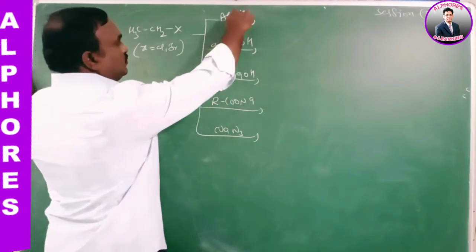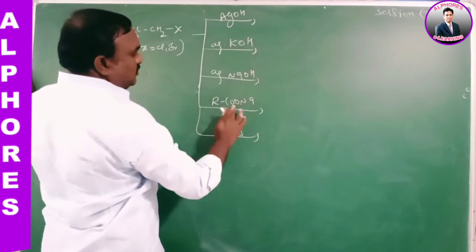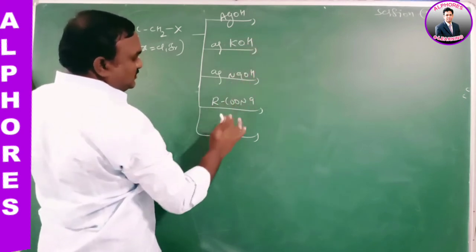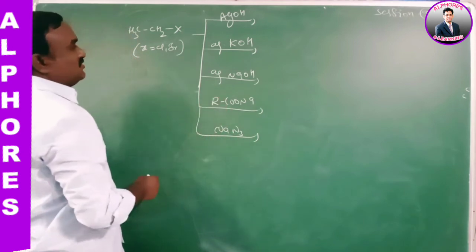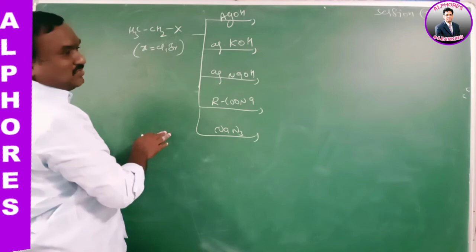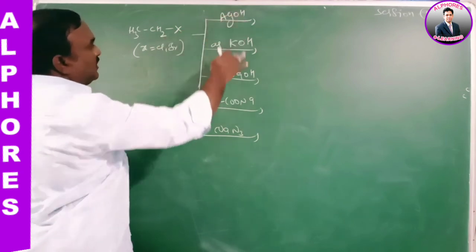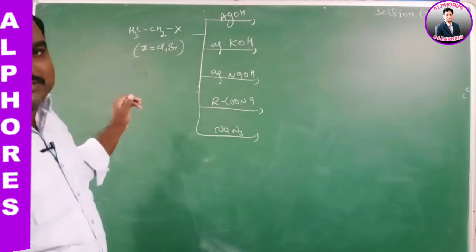OH- is the nucleophile, RCOO- is the nucleophile, and N3- is the nucleophile. The given reactant has X, chlorine, bromine or iodine, and X- is substituted by the incoming nucleophiles.